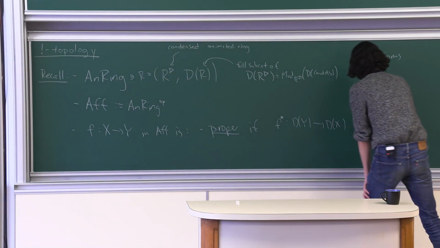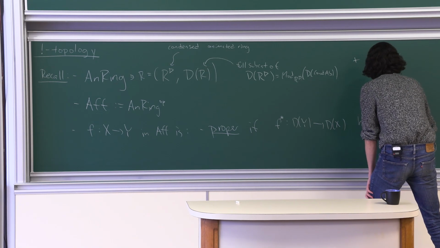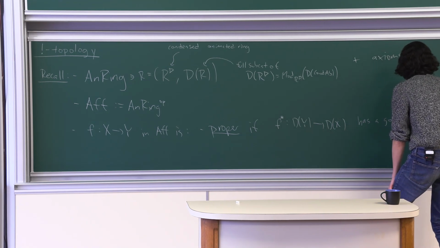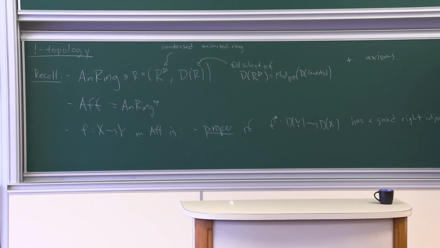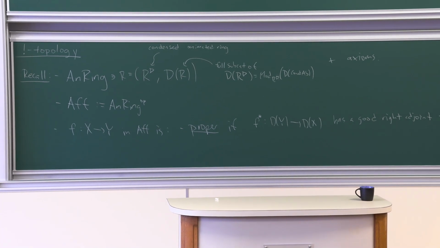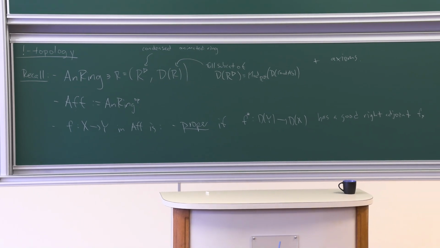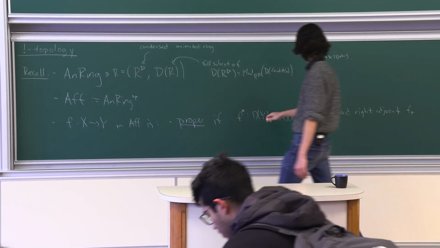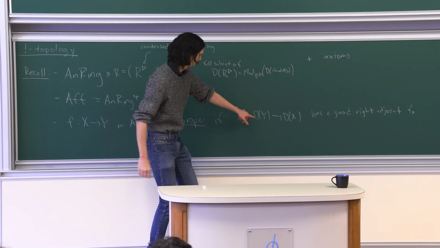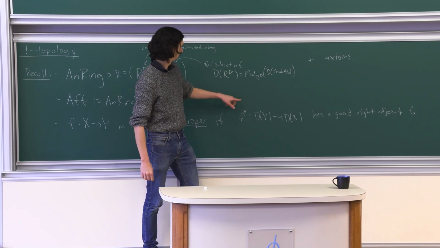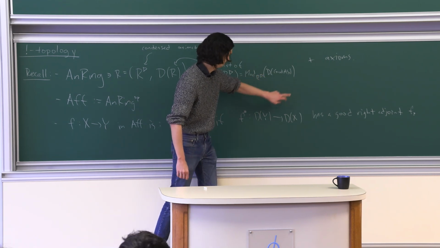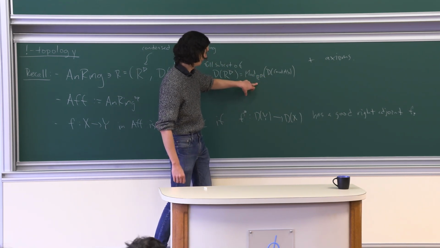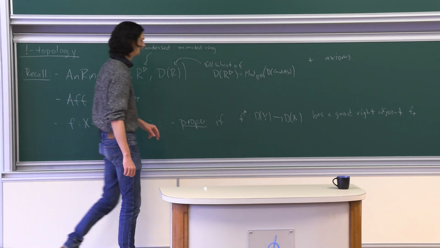If this has a good right adjoint, f lower star, where good means the right adjoint commutes with pullbacks. So if you do the right adjoint here and you pull back to some D of x prime, that's the same as pulling back to D of y prime and then doing the right adjoint there.